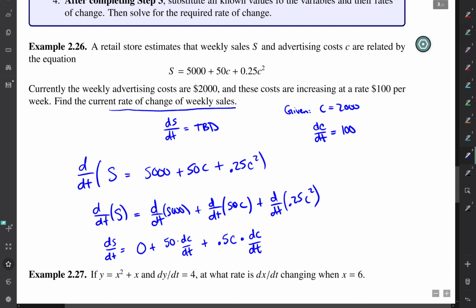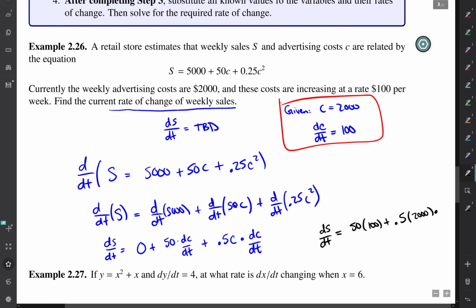And so now what we do is plug the given values into this equation, and that'll give us dS/dt. So dS/dt is 50 times dC/dt, which is 100, so that's 50 times 100, plus 0.5 times C, and we were given that C was 2,000, so 0.5 times 2,000 is 1,000, and then we're also multiplying by dC/dt again, which is 100.